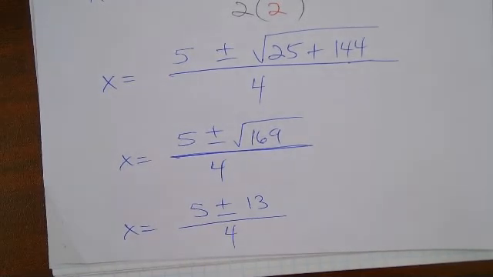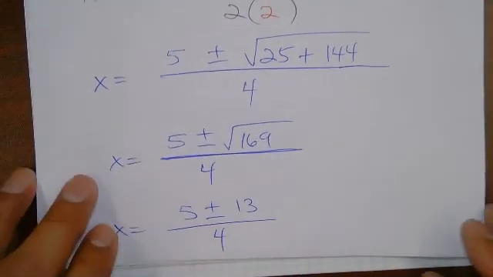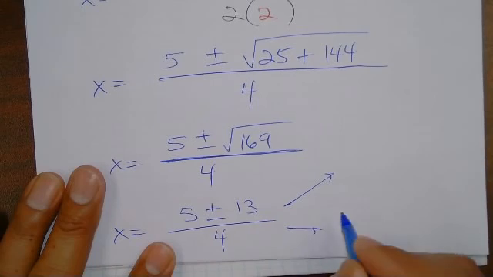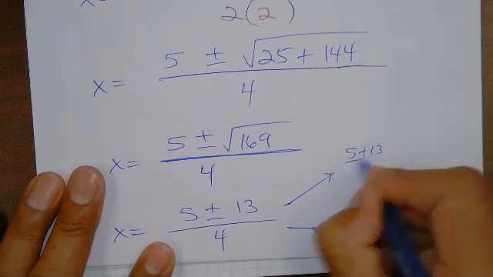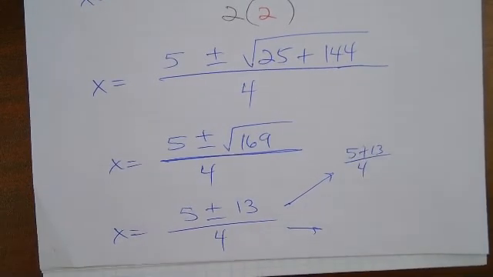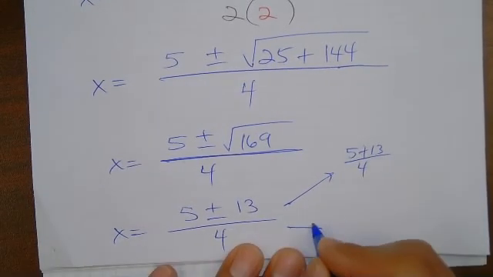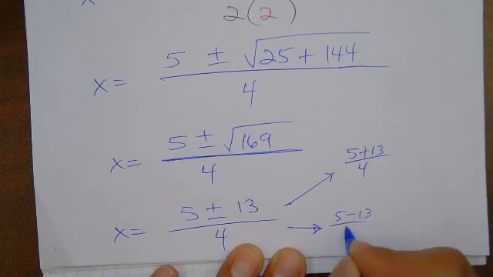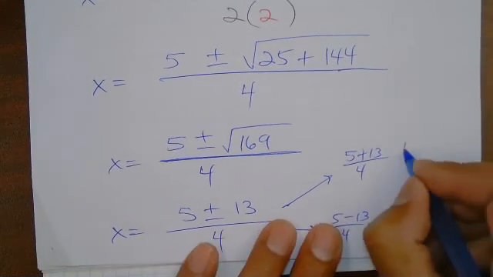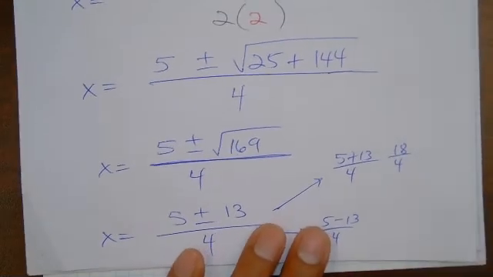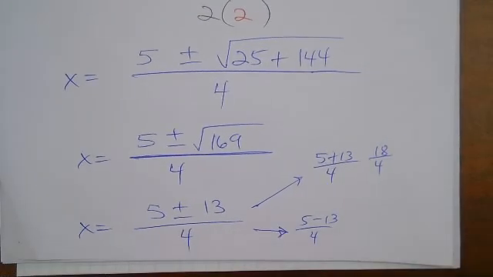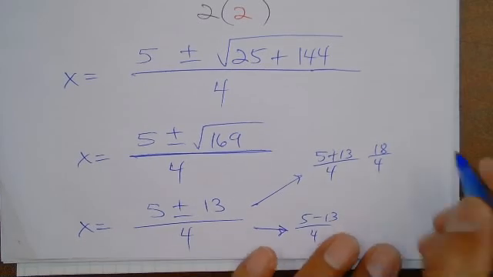169 does have a square root, that is x is equal to 5 plus minus 13, right, over 4. Everybody got 13 when you do the square root of 169? Yeah. And here we're going to get two answers. One of them says what? 5 plus 13 and then divided by 4.